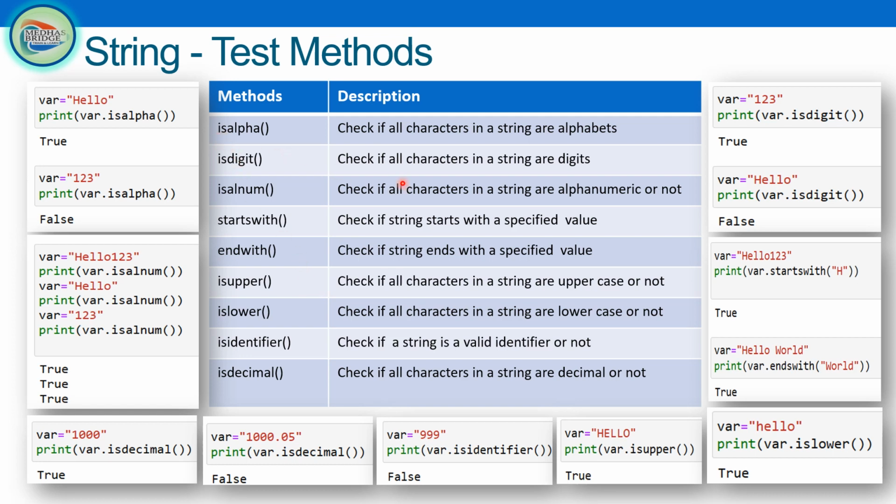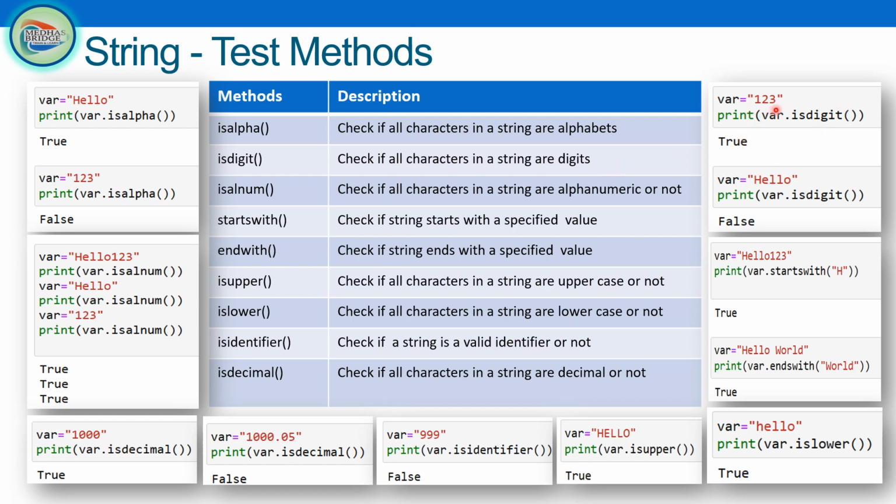isalpha checks if all characters in a string are alphabets. Here is an example. The given string contains all alphabet characters, so it returns true. Otherwise, it returns false. Next, isdigit checks if all characters in a string are digits or not. Here is an example.